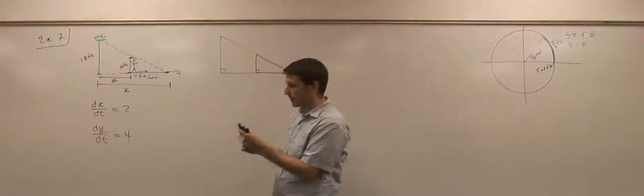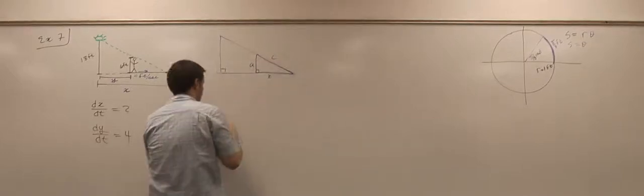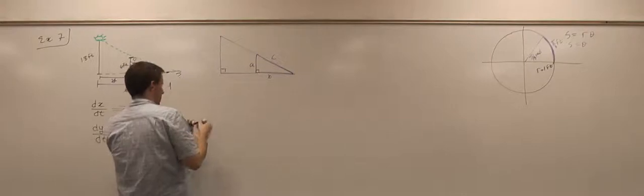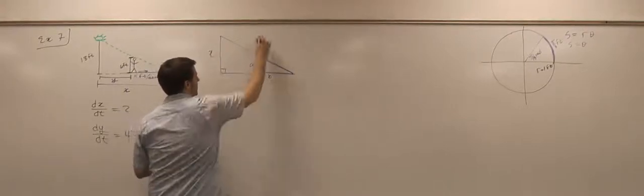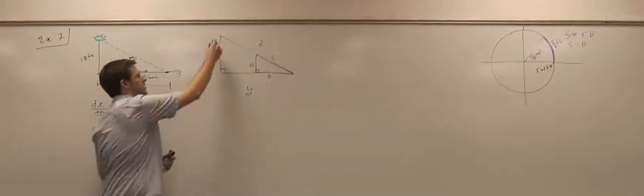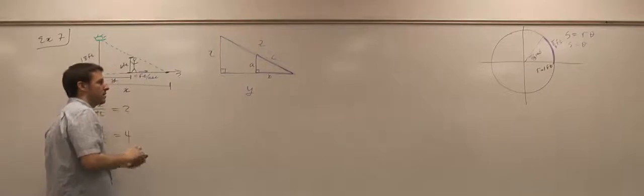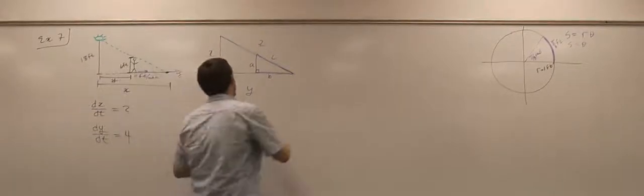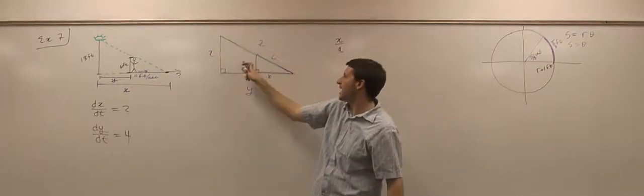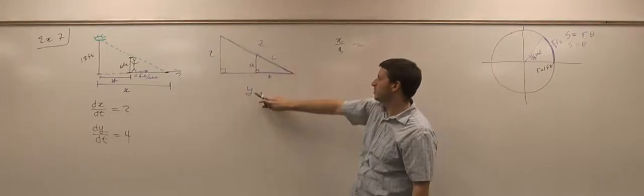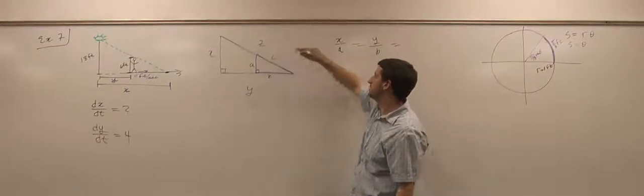If I label this one A, B, C, and the blue one X, Y, Z, where Z is this whole length and Y is this whole length, then similar triangles tells me that X over A equals Y over B equals C over Z.